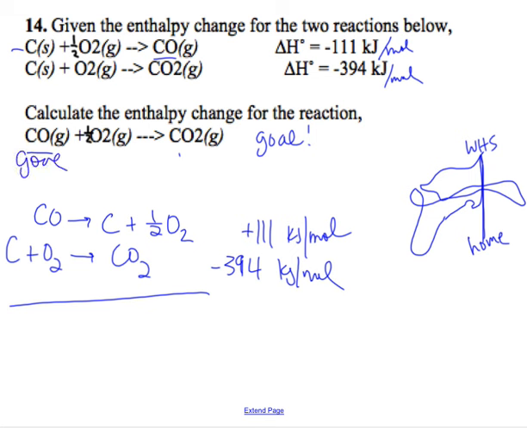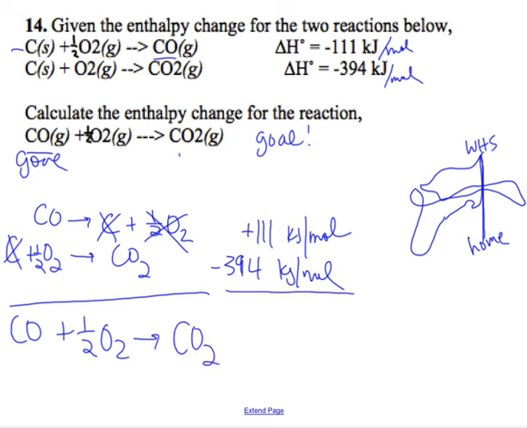So can anything cancel? This is just like cleaning house and balancing redox. Get rid of the C's. Now we have O2 on both sides. I can only have it on one side. What am I going to do? Get rid of a half, leaving me a half here. So now I can add these up and I get CO plus 1/2 O2 gives us CO2. All right, let's go ahead and add those puppies up.